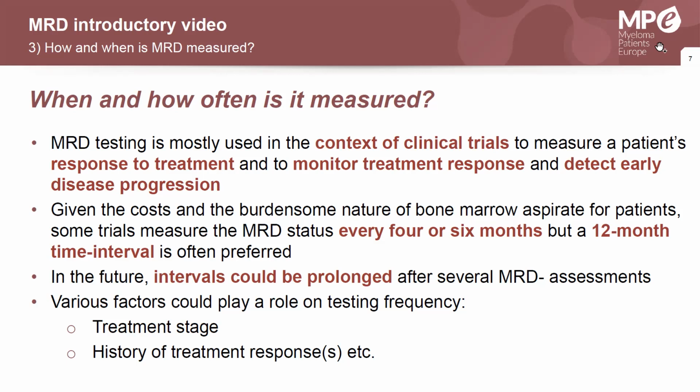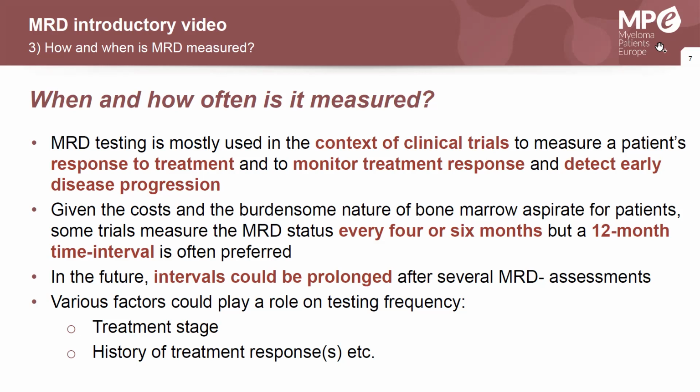Given the costs and the burdensome nature of bone marrow biopsy and bone marrow aspirate for patients, some trials measure the MRD status every 4 or 6 months. So if you ask me if patients have to undergo more frequent bone marrow testing in the context of MRD evaluation, I would say it's difficult to say, as the frequency of MRD testing is expected to differ in various situations.